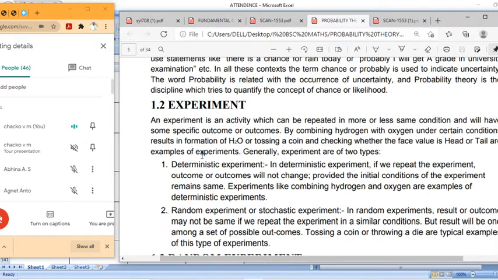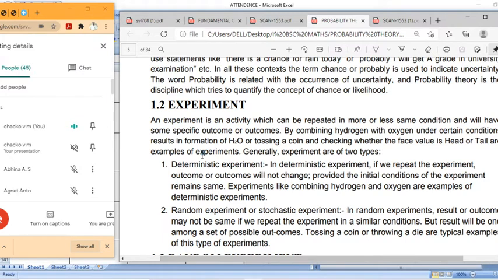And suppose you are doing a chemistry experiment. If you mix 2 molecules of hydrogen and 1 molecule of oxygen, you will get 2 molecules of water: 2 H2 plus O2 gives 2 H2O.